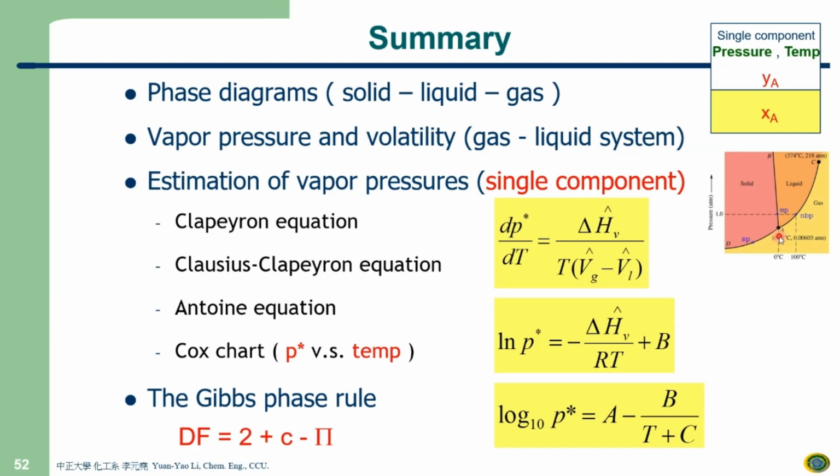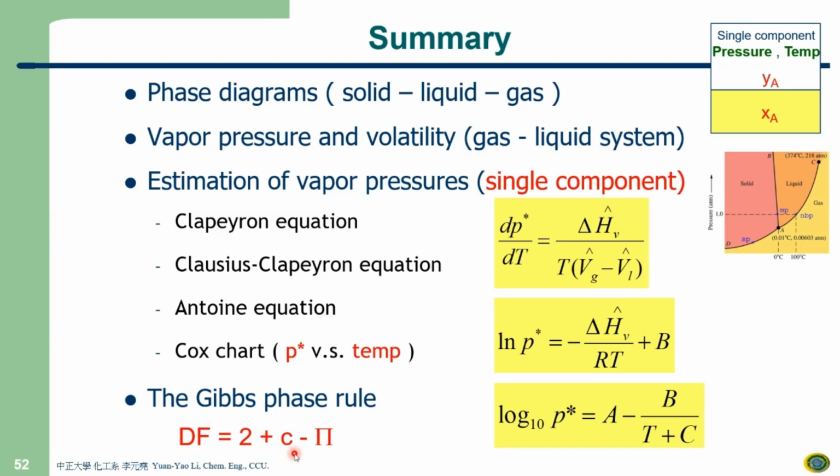Temperature fixed, pressure fixed. So you get this triple point, right? But if the temperature and pressure are not fixed, you can move this point around in this phase diagram. You can put this point here, here, here, whatever. So the meaning of the Gibbs phase rule is to tell us how much information is needed in order to create a system which you want. Okay, so DF is a number.